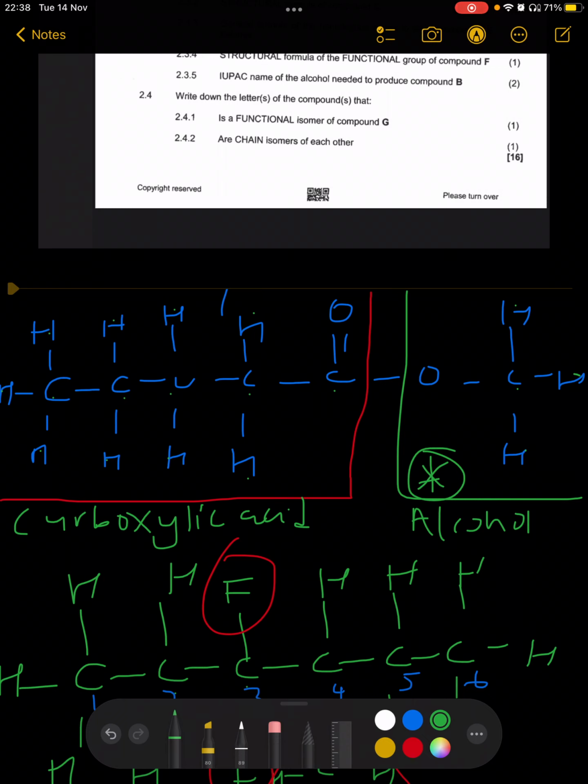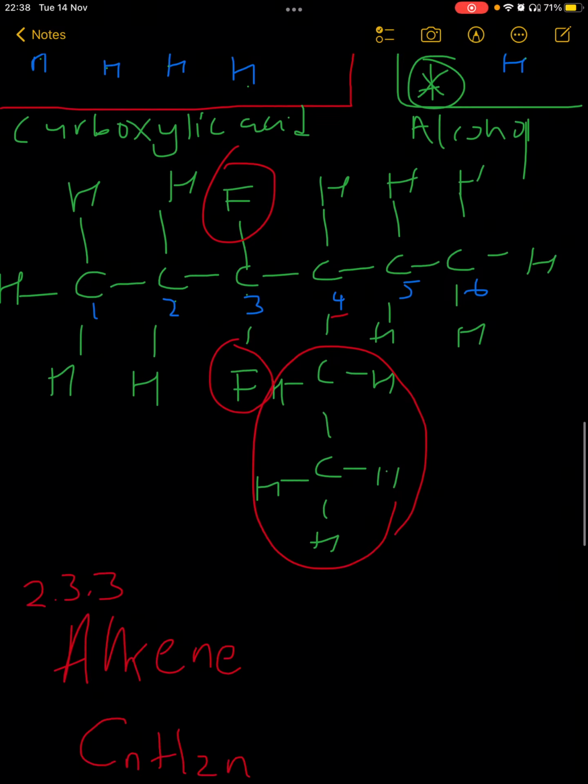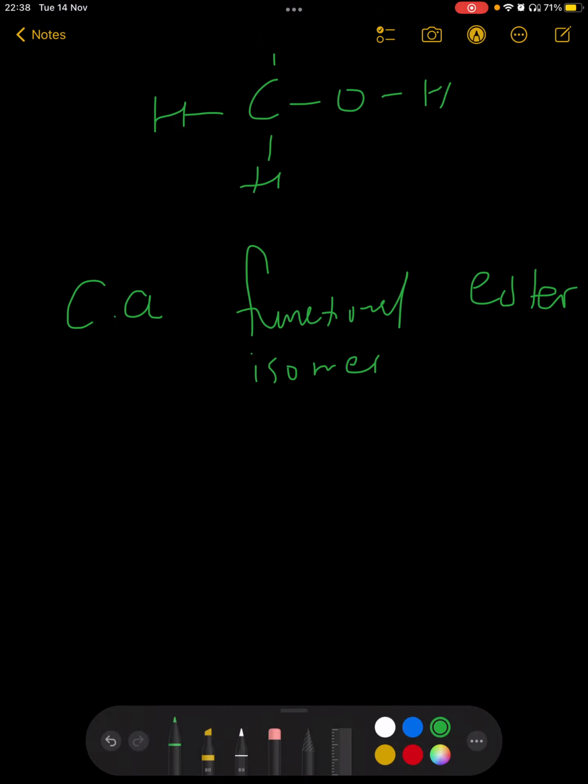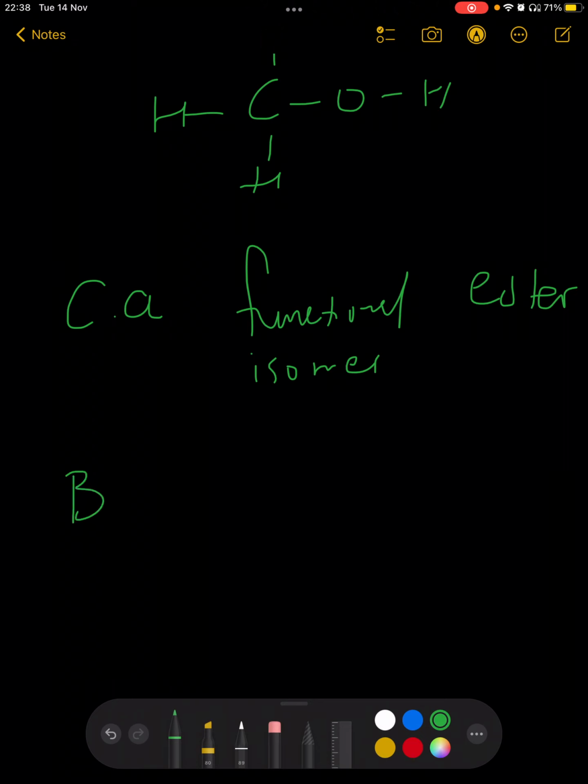C6H12O2. That is our compound, no, not G, compound B. So if B is an ester, C6H12O2, and G is also C6H12O2.